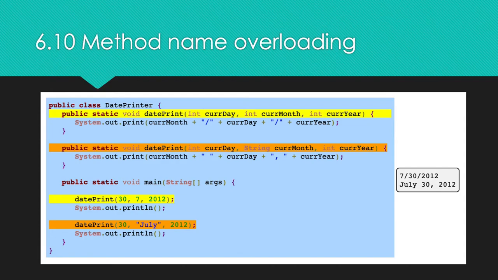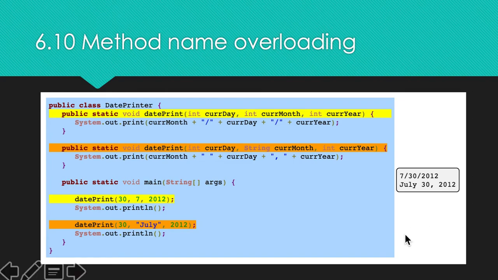Method name overloading. Sometimes a program has two methods with the same name but differing in the number or types of parameters, which is method overloading.